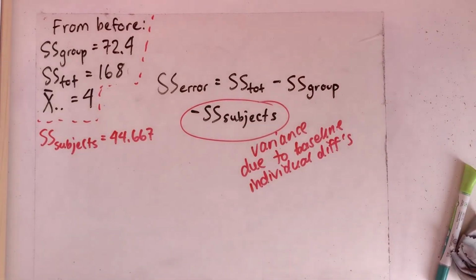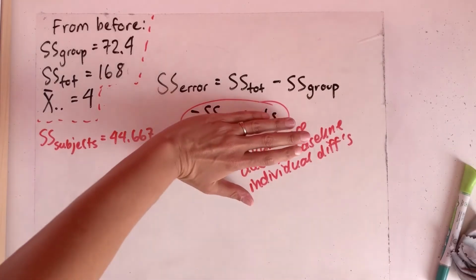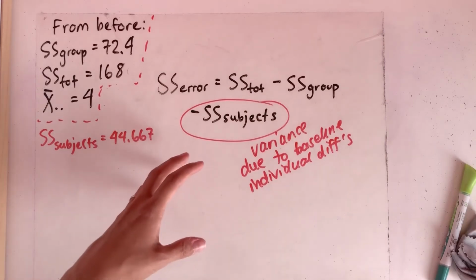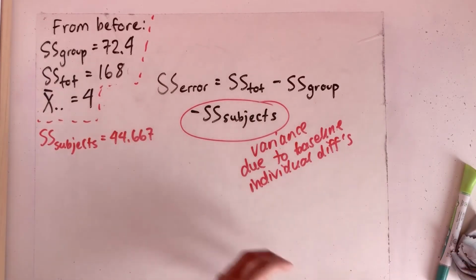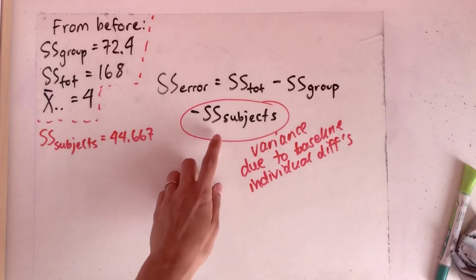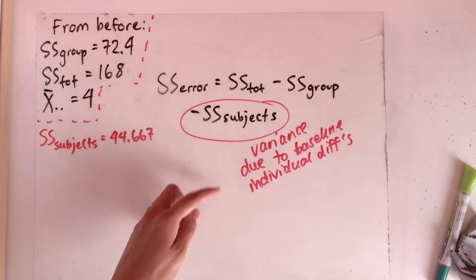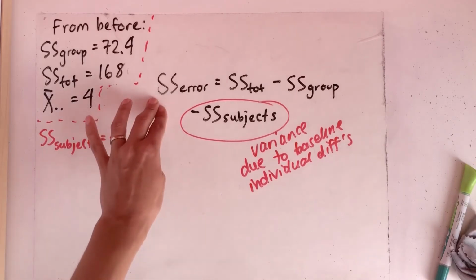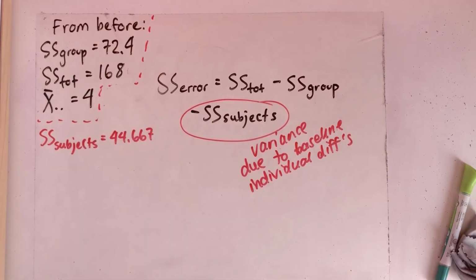When we have the same data that was used for the between subjects ANOVA, we had an SS error that was just computed this way. So what we say is that we remove the variance due to baseline individual differences since we have all of our participants in each of the groups, and that will create a smaller sum of squares error.